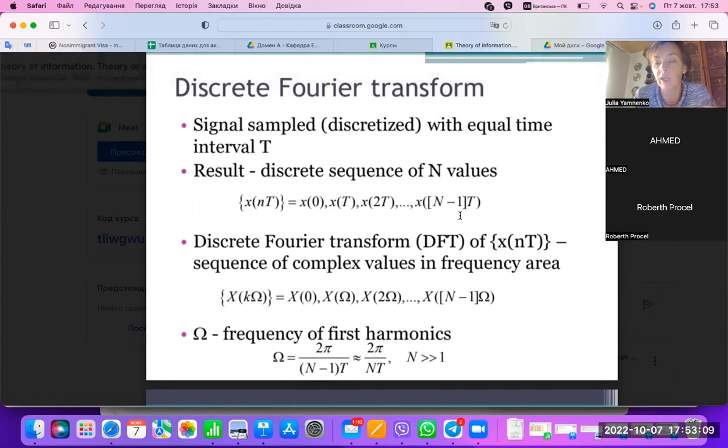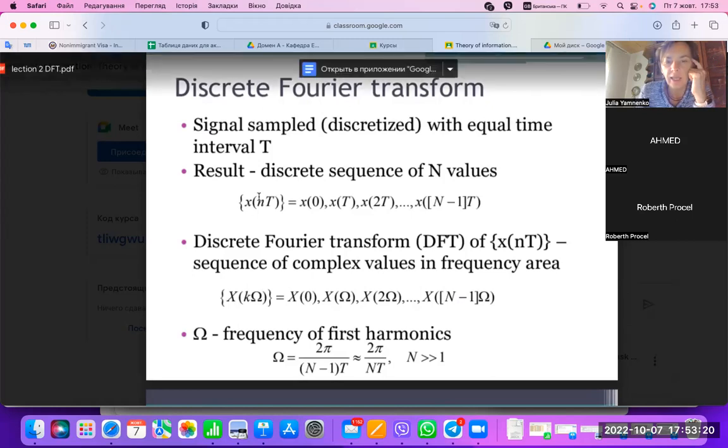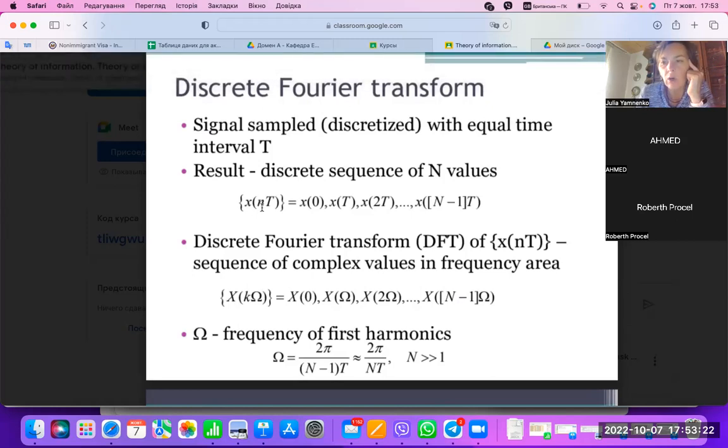If we have, for example, 4 values, we start counting 0, 1, 2, and 3. So the last one is N minus 1. And this small n is also like a counter. So we should put here n equal to 0, 1, 2, 3, and so on. It's also a counter.